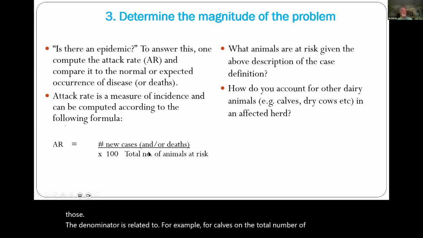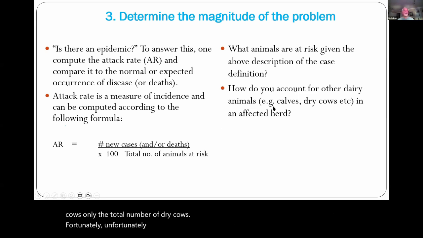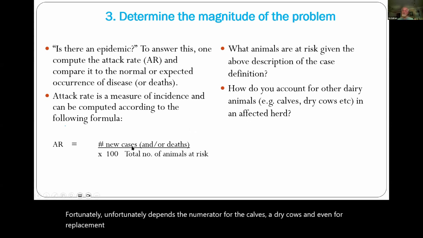For dry cows, only the total number of dry cows. Fortunately, well, unfortunately, depends. The numerator for the calves, dry cows, and even for replacement heifers is 0.